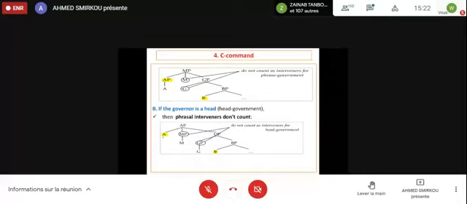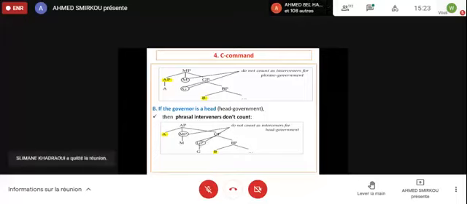If the governor is a phrase, what stops the government must be a phrase. If the governor is a head, what stops government must be a head. So here, A, does it govern G, B?